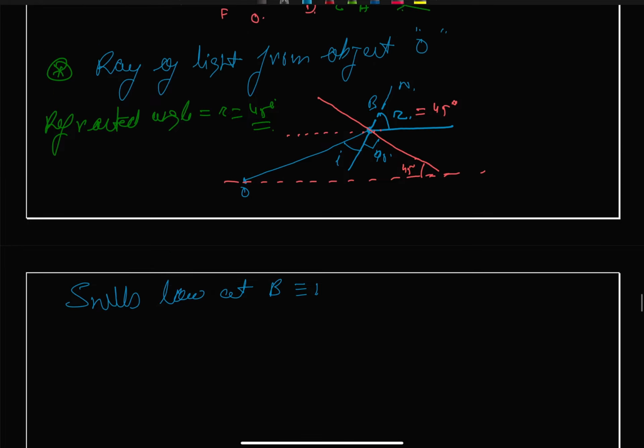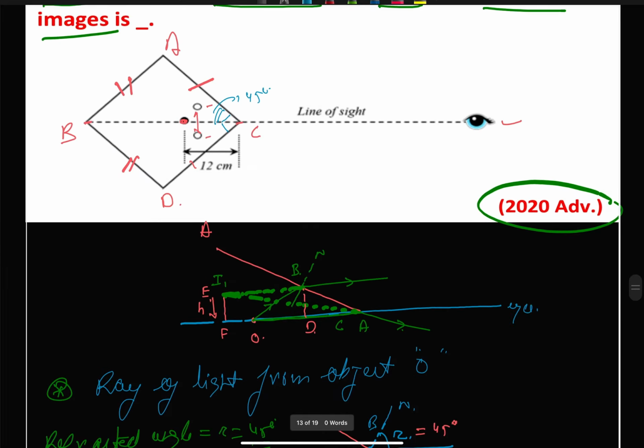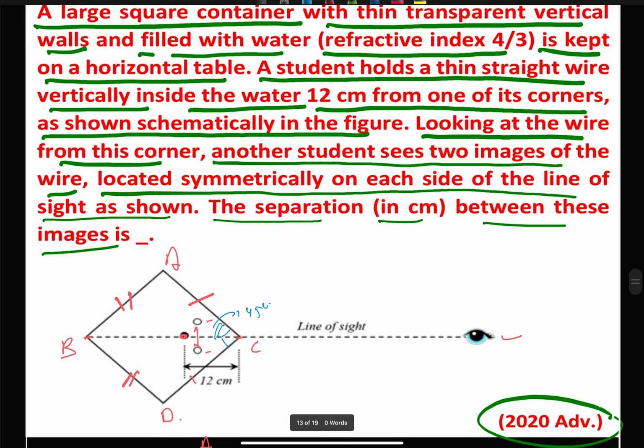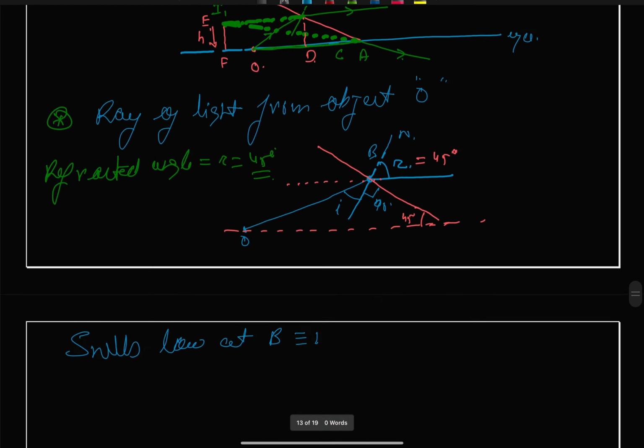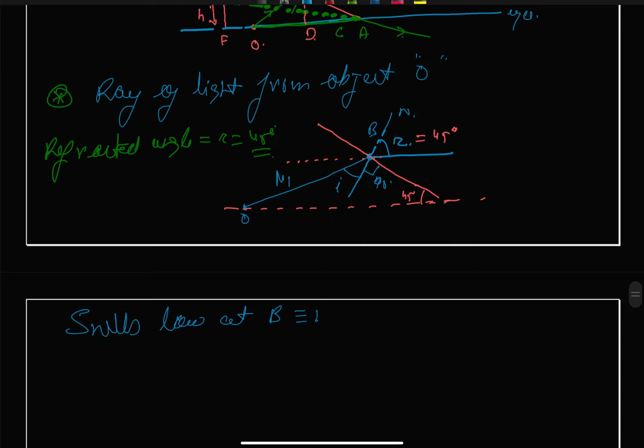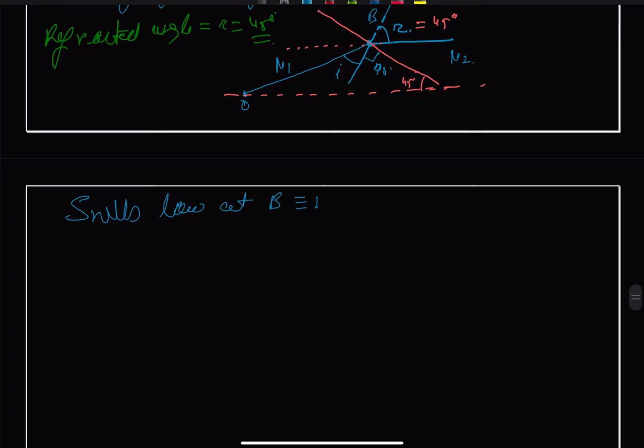this is, let us suppose, we have its refractive index water. Okay, so let us call this as mu1 and this as our mu2. Therefore we can say that our mu1 sine of I is equal to our mu2 sine of R, and mu2 is nothing but our air, so we get this as 1, and mu1 is given to us as water, that is 4/3.